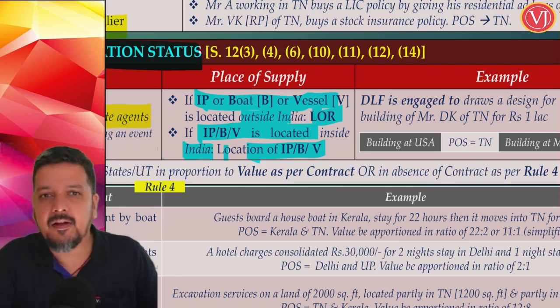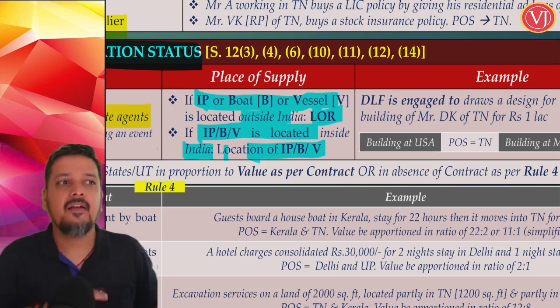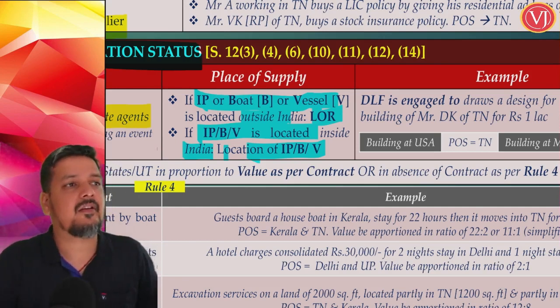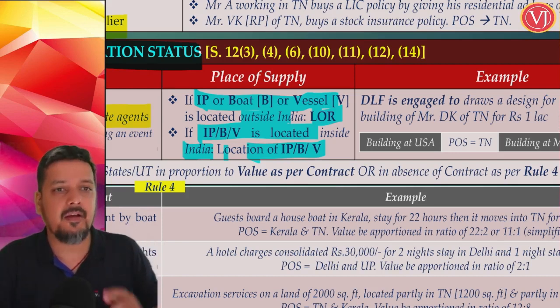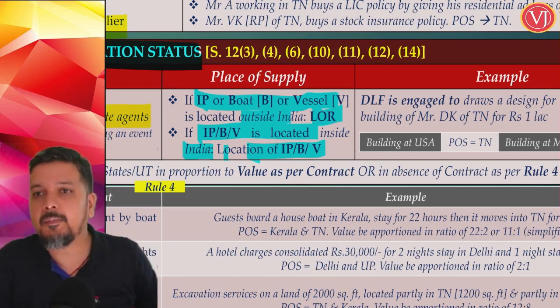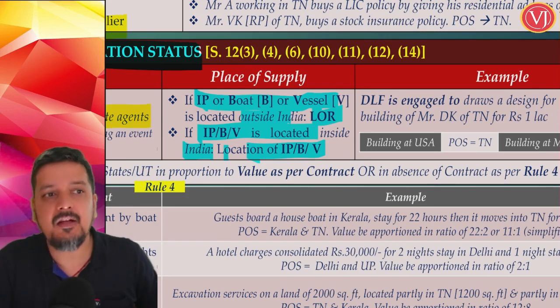What is the place of supply? The answer is not USA. Then I will go with location of recipient, where Taj head office is located. Taj may tell that we are located at Mumbai. So for that, place of supply will be Maharashtra.